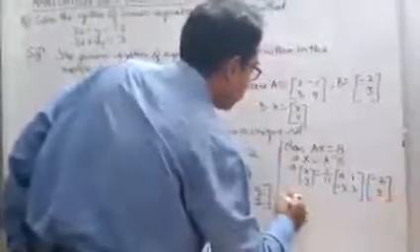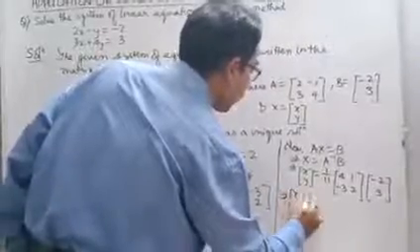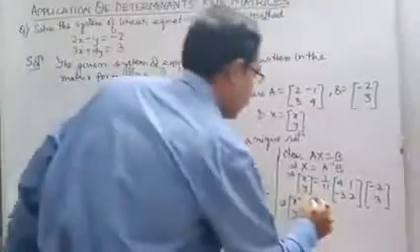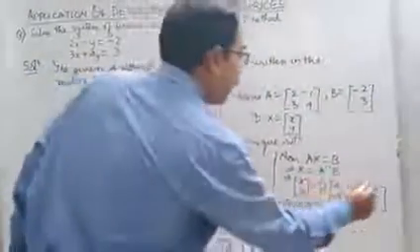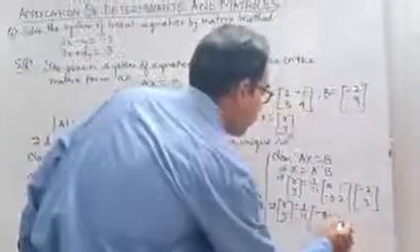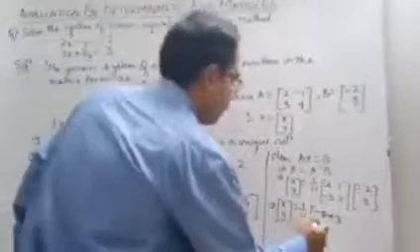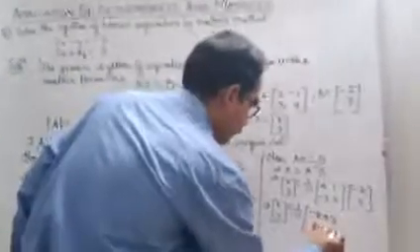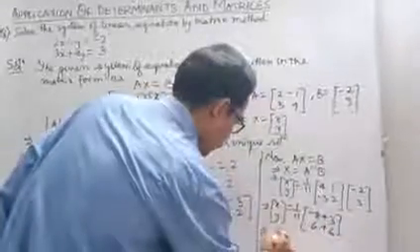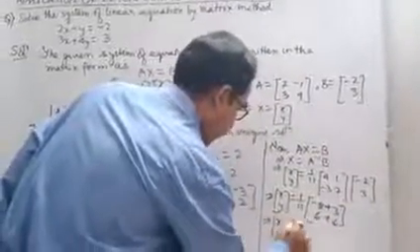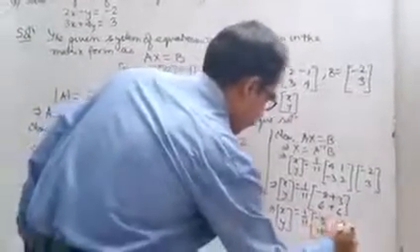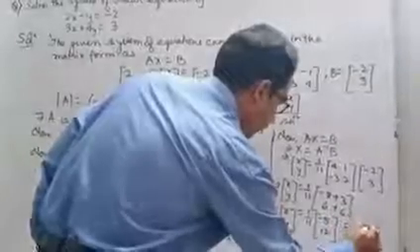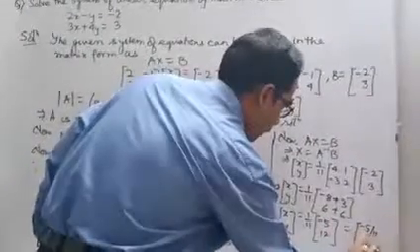So ultimately, doing this product, 1 by 11 times [-8 plus 3; 6 plus 6], so [x; y] equal to 1 by 11 times [-5; 12], or you can write minus 5 by 11 and 12 by 11.